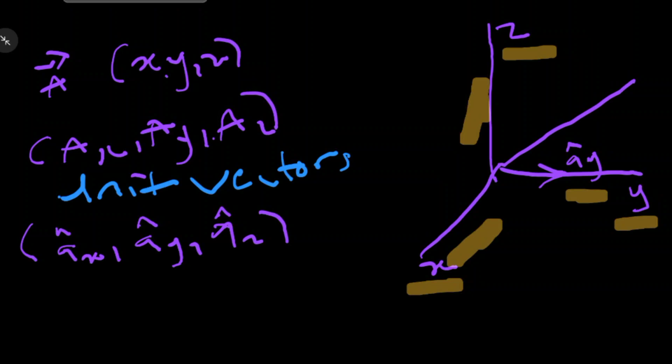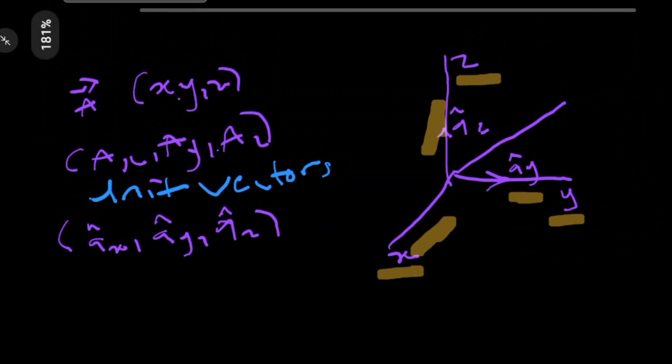That's what we call the unit vector. Same thing here with a z, showing the direction of z. It's just a tiny pointer that specifies the direction.